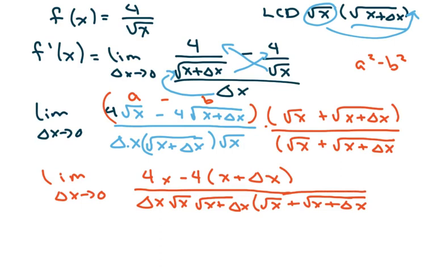Now, what happens here is I'm going to go ahead and clean up the numerator. And if you forgive me, I'm not going to write the denominator just yet. If I clean up the numerator, I'm going to get 4x minus 4x minus delta x. So we're left with just delta x on the top. So this is going to be negative delta x. I'll write on the next slide.